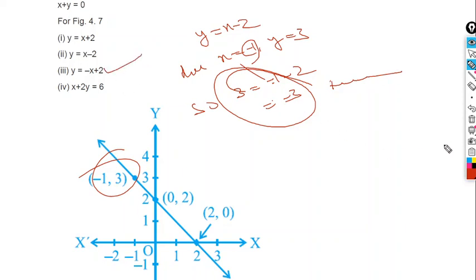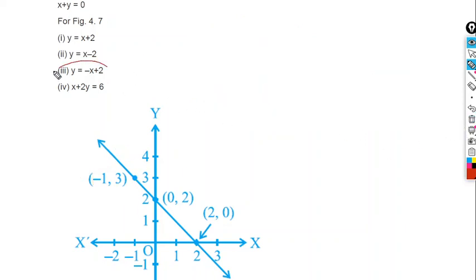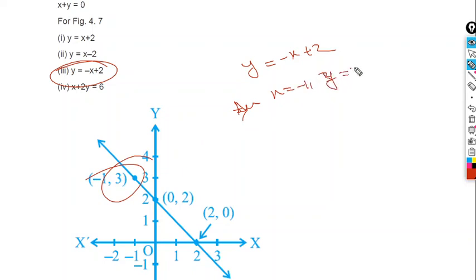Now you try this equation. y equal to minus x plus 2. Take this point, x equal to minus 1, y equal to 3. So 3 equal to, putting the value of x as minus 1 here, minus minus 1 plus 2, which implies 3 equal to 1 plus 2, which is 3.